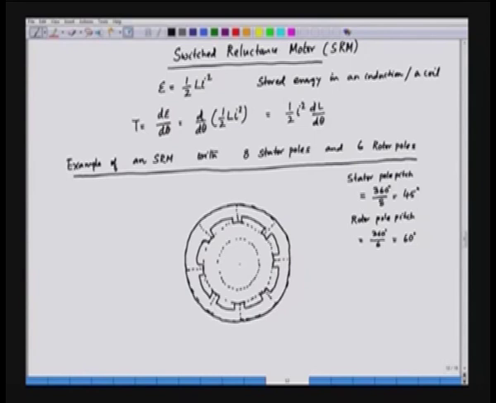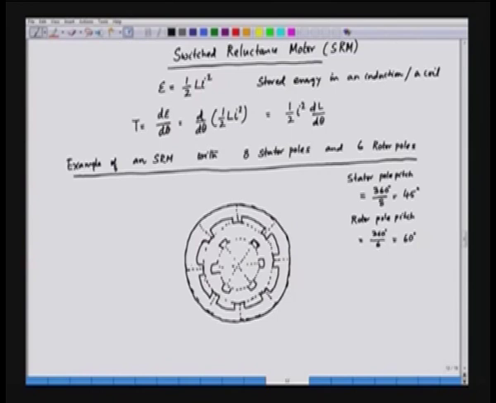Here we have to have a 6-pole structure. We can have the rotor poles like this. This is one pole, second pole, third pole, fourth pole, fifth pole, sixth pole. So, these are the rotor poles. We can now complete the structure of the rotor.